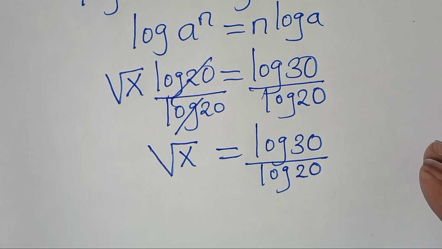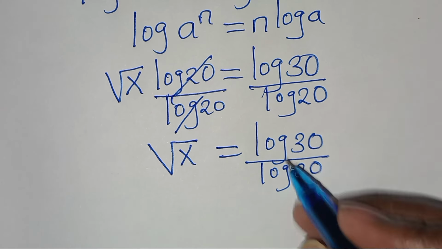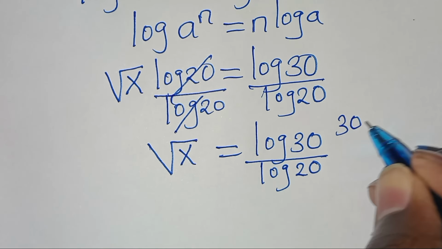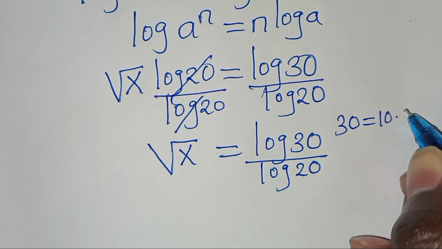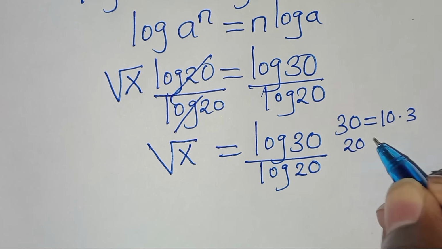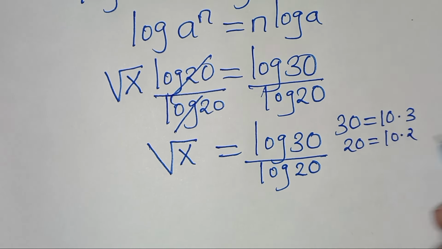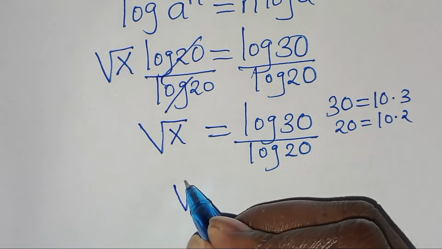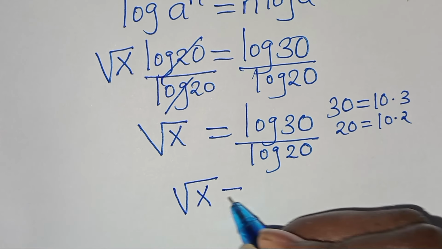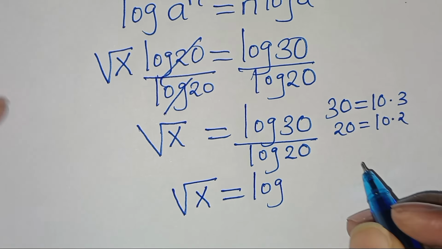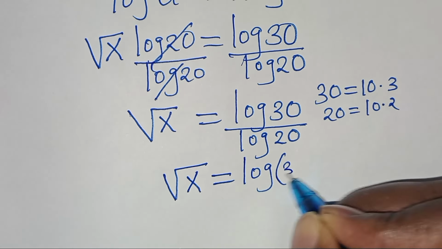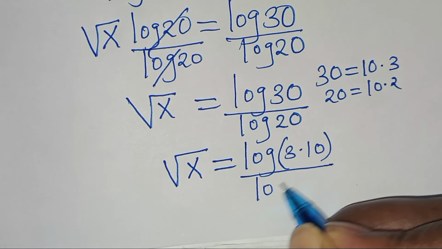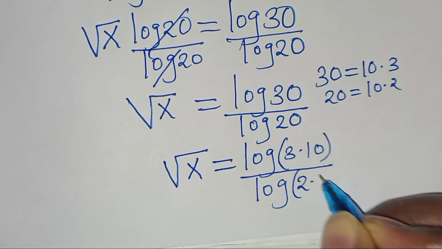Now we can express 30 as 10 times 3, and we can express 20 as 10 times 2. So that now we have square root of x equal to log of 3 times 10 divided by log of 2 times 10.